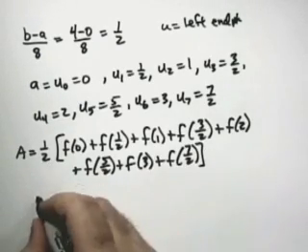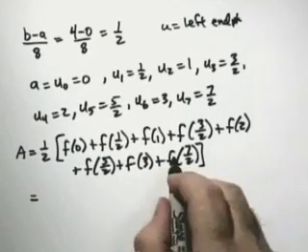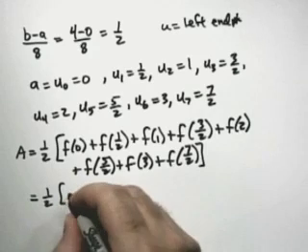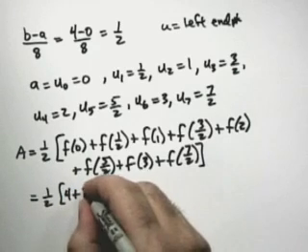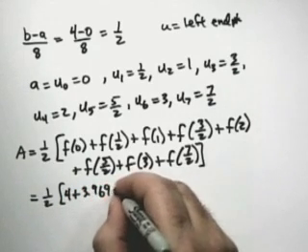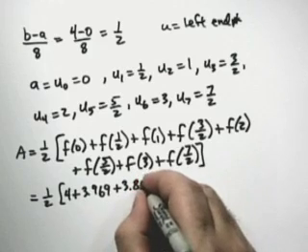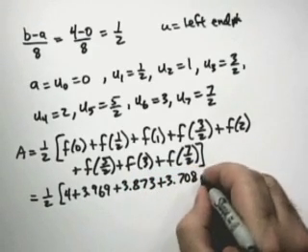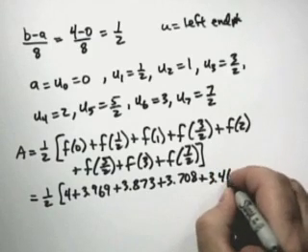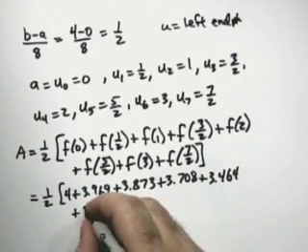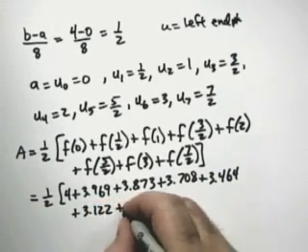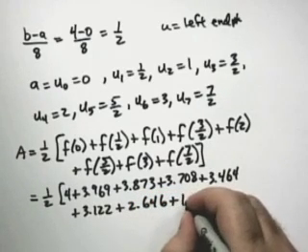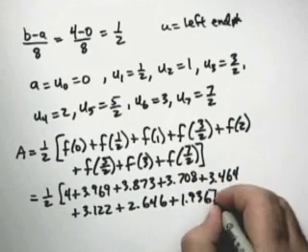If we evaluate the function at each of these values for u, we'll have 1/2 times 4 plus 3.969 plus 3.873 plus 3.708 plus 3.464 plus 3.122 plus 2.646 and plus 1.936.